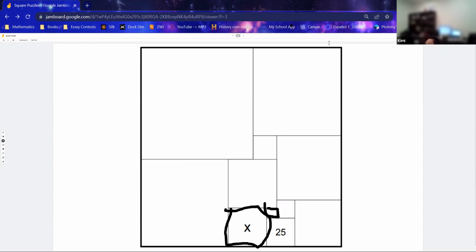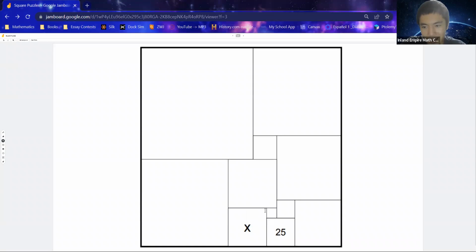Well, Kimmy, I think you were on the right track because you said this blank space plus 25 equals X, right? Let's think about it like this: something plus 25 equals X. So what's something in terms of X?